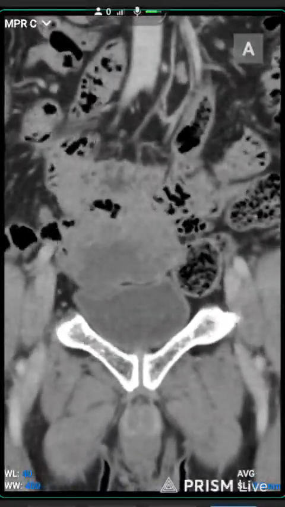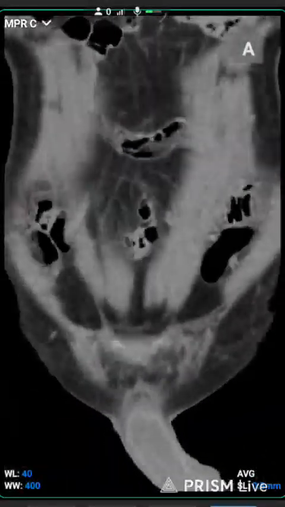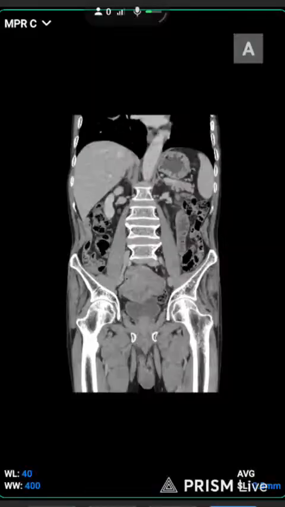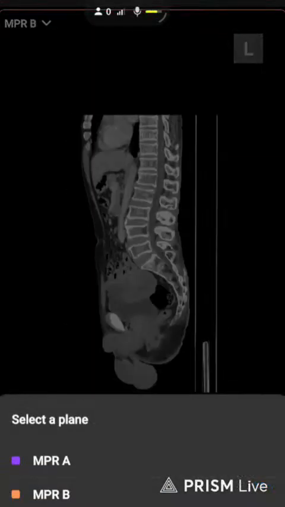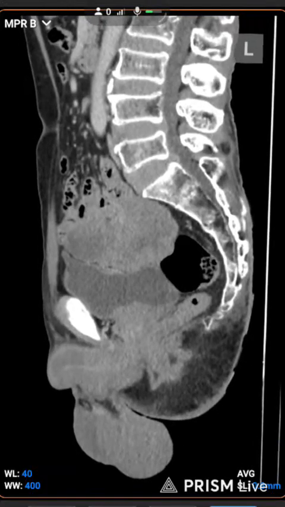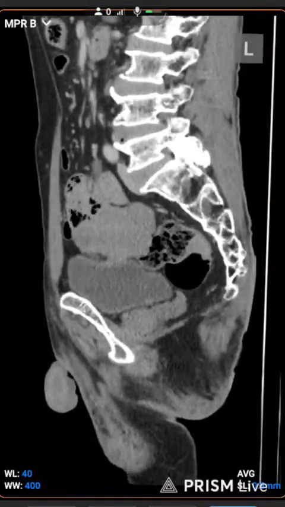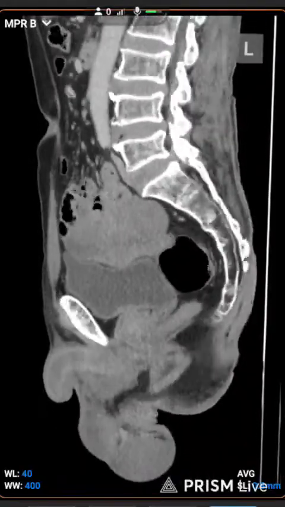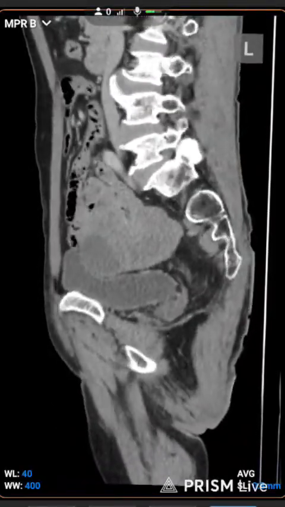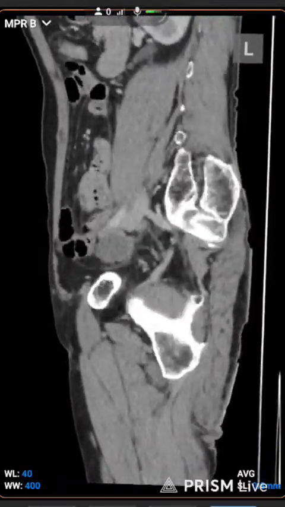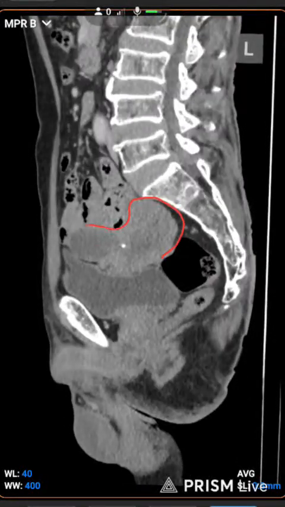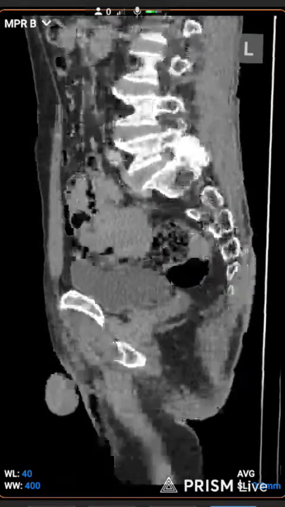It's not properly connected with the bladder, so I don't know the diagnosis of this patient. It's maybe nodes or something else, but it's clearly some type of tumor in this area.